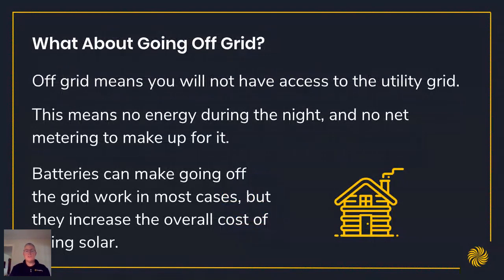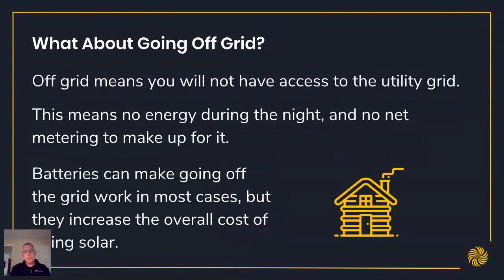There's a couple ways to look at going off grid. One is a person might say, I want to have no changes in my day-to-day life, but I want to go off the grid. In that case, to make that happen, a substantial solar array and a substantial battery storage system will have to be installed.